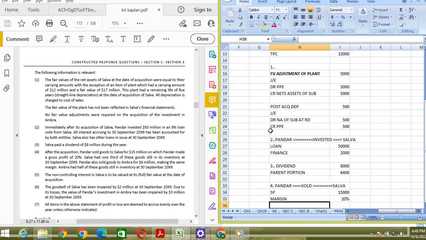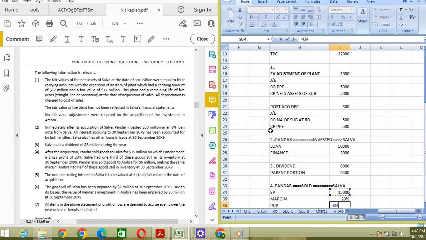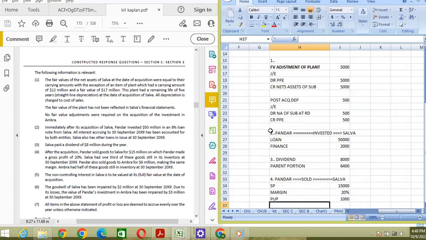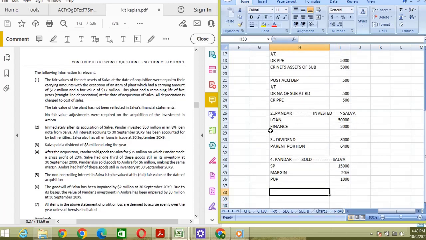Salva had 1/3 of these goods still remaining in inventory. If all the goods had been sold by the year end, there is no need to calculate a PUP. But here some goods have been remaining in the inventory, so we need to calculate a PUP. So 15,000 into 20% into 1 divided by 3. So the PUP amount is 1,000.